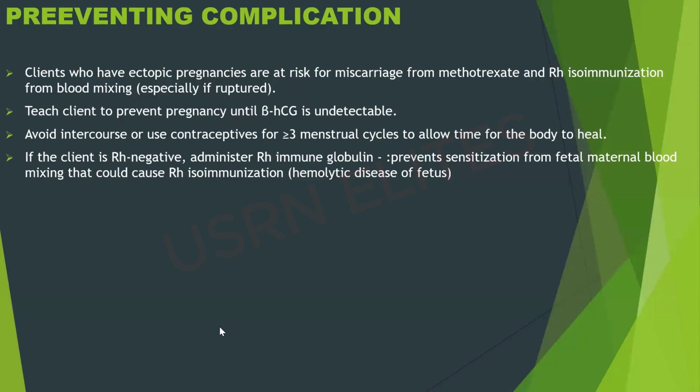But if the patient is breastfeeding or having liver conditions or any other contraindication, obviously they can go in for surgery. But know that surgery is mostly reserved for ruptured cases, or when the contraindications of methotrexate are present, like when the patient is hemodynamically unstable.